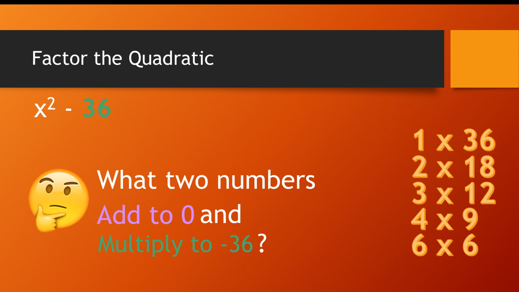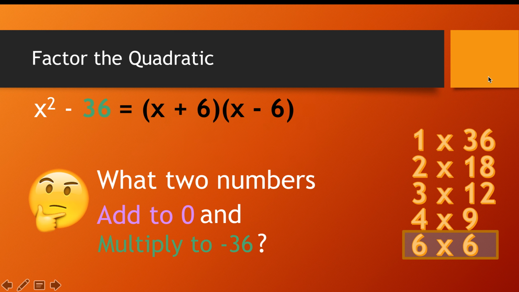If we put up the factor pairs of 36, we can see that since we need to multiply to negative 36, and we need one to be positive and one to be negative, this final option right here, 6 and 6, would work. If we make it positive 6 and negative 6, they'll multiply to negative 36 and end up adding to 0. So there's our final answer. X squared minus 36 equals x plus 6 times x minus 6.